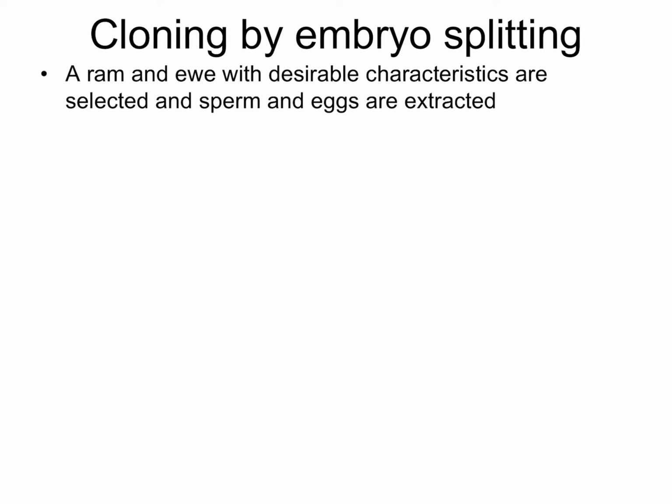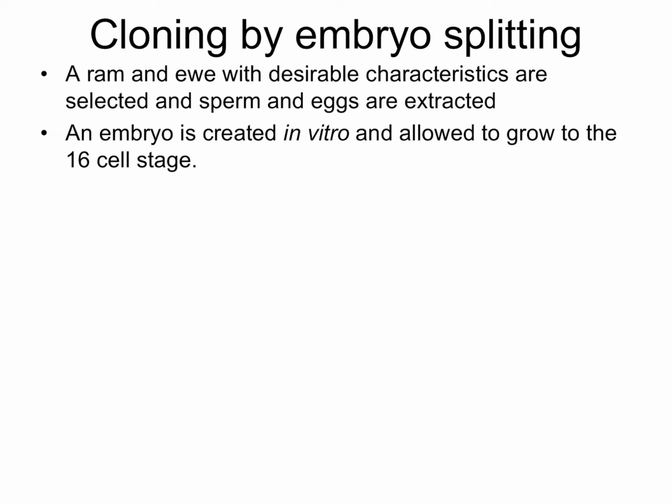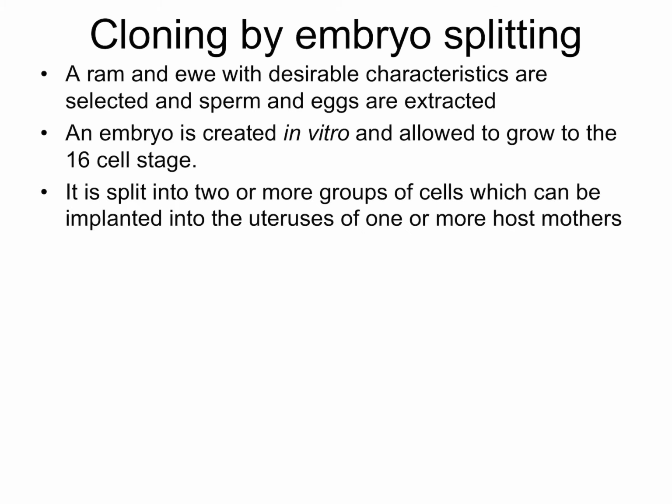Okay, now, cloning by embryo splitting is different. For instance, they might have a ram and a ewe with very desirable characteristics, and the sperm and the egg are extracted using IVF techniques. And then an embryo is created in vitro, so it's grown up in the lab in a dish and is allowed to grow to the 16-cell stage.